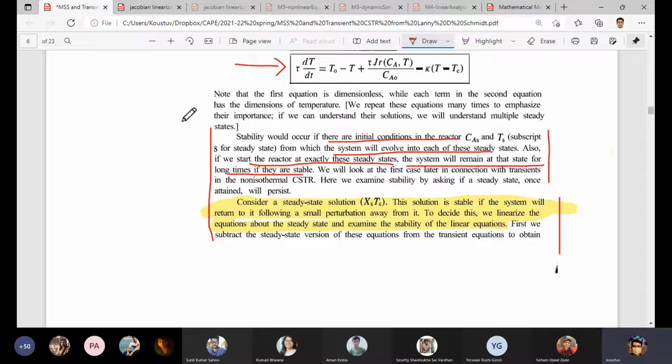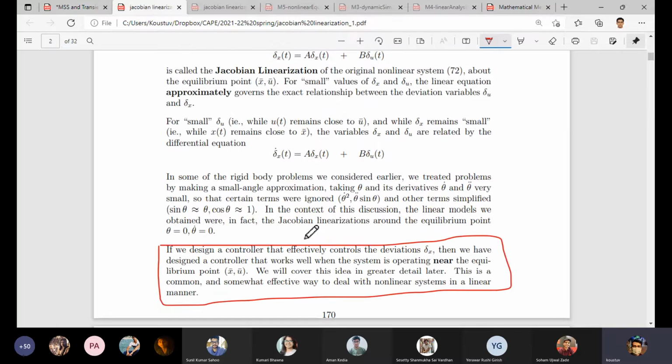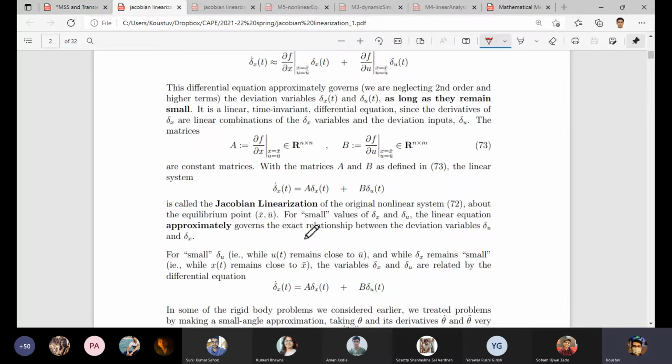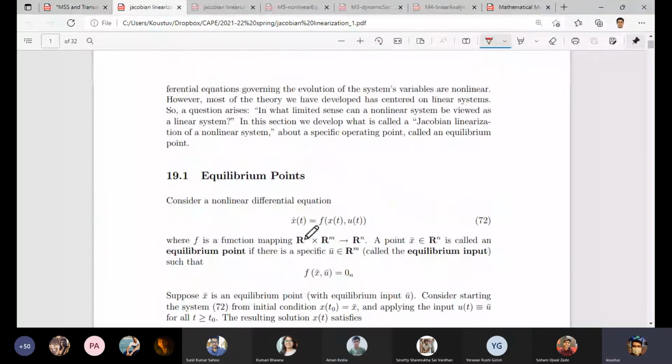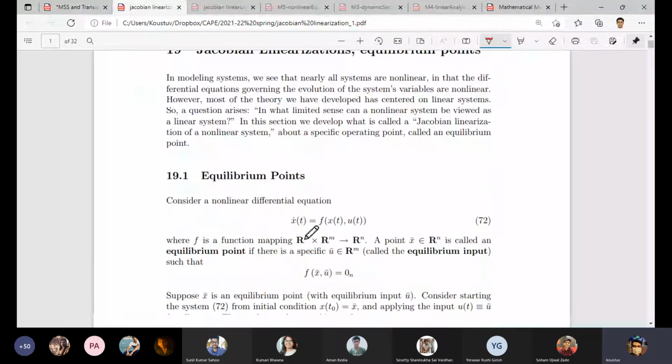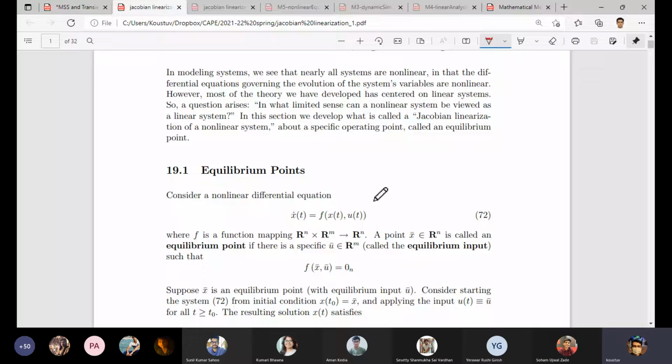So let us go to this particular topic, where some analysis has been carried out. These are class notes, and it says that if you have a nonlinear differential equation, basically dx/dt is a function of x(t) and u(t).